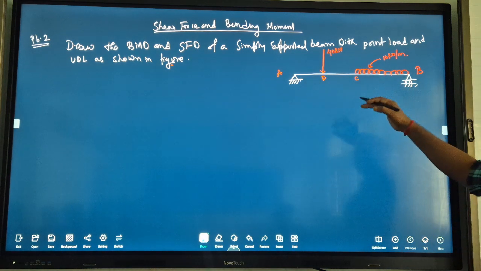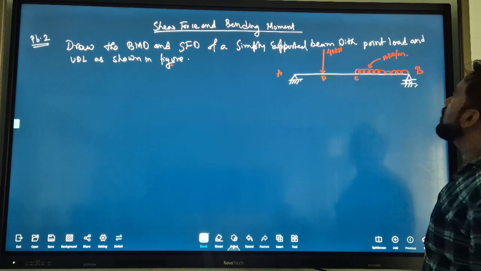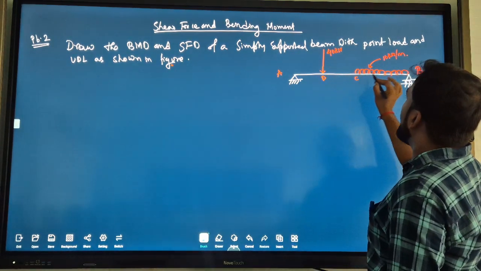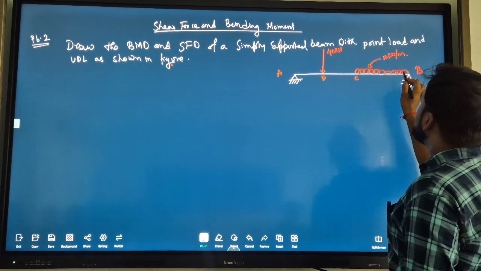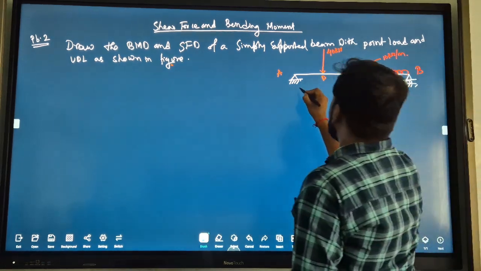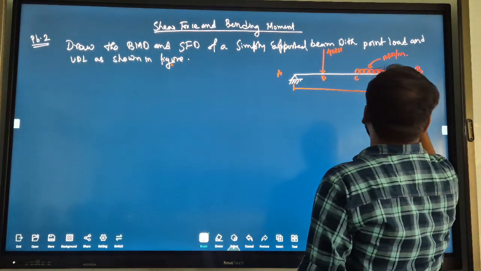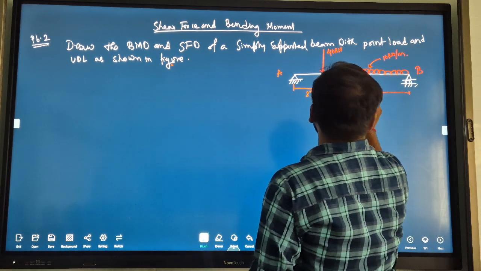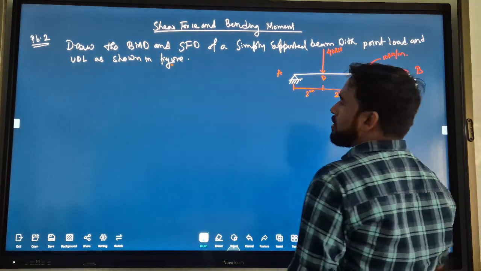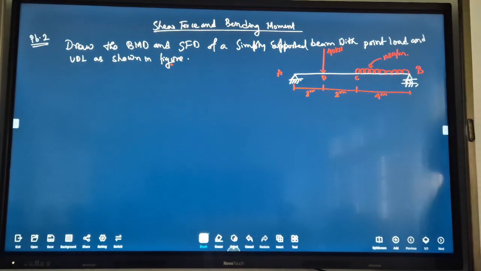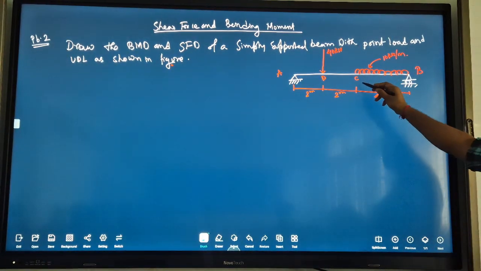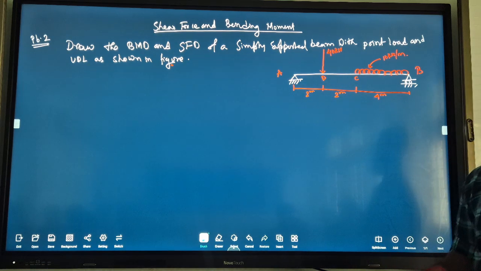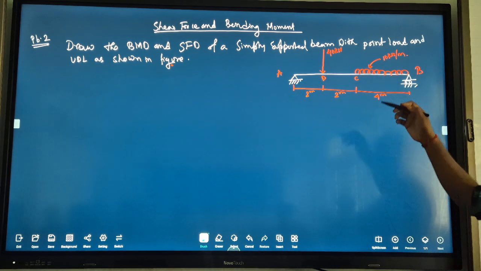There is a simply supported beam AB with a point load at B and a UDL in between B and C. The lengths are 2 meter and 4 meter. So, BC part is 4 meter, CD part 2 meter, and AB part 2 meter. So the whole length of the beam is 8 meter.